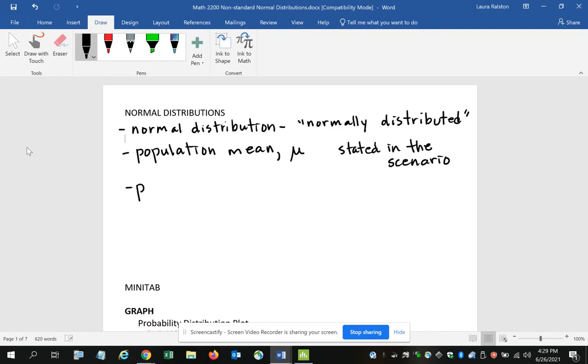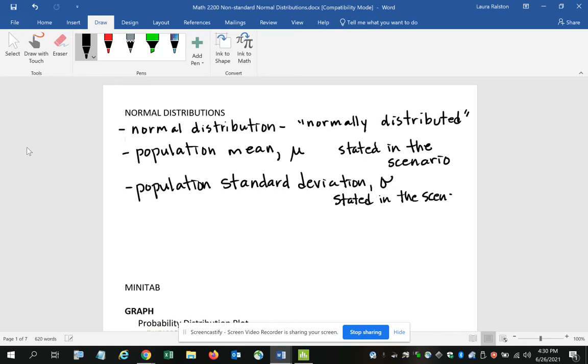And the third piece that you need is the population standard deviation, which is the Greek letter sigma. And again, that is also stated in the scenario. So you are given the three pieces of extremely vital information for working a normal distribution in the scenario.